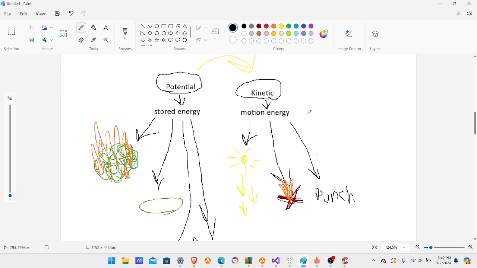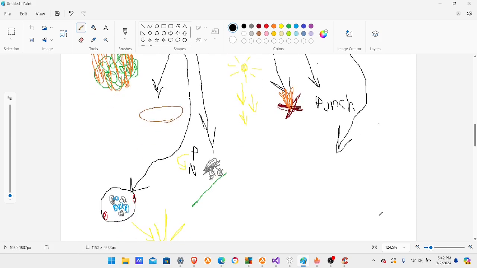And then you have sound energy. Sound energy is generally a little bit weaker than the other forms of kinetic energy, but sound energy is caused by vibrations. Like if I bang the table, that's going to cause vibrations.